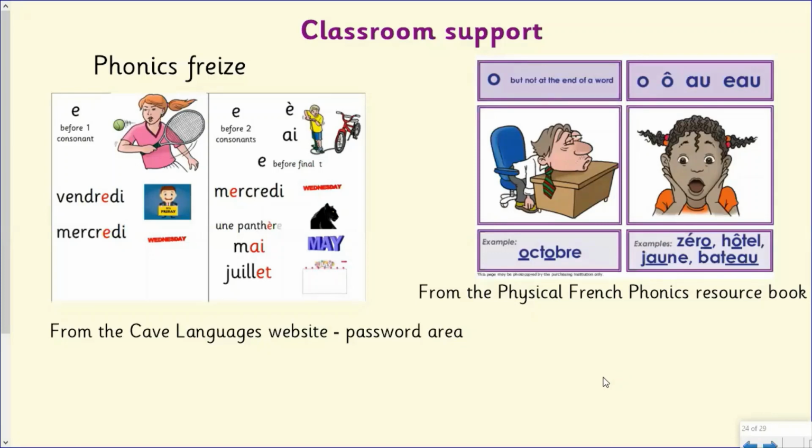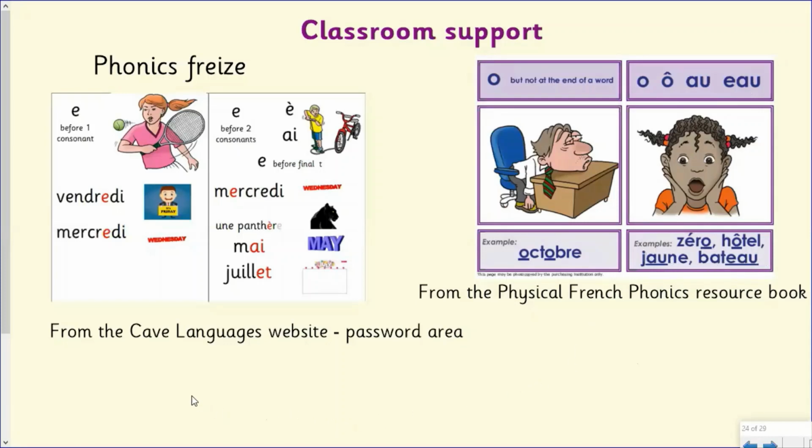It's always good to provide additional support in the classroom, and these are some of the things that you can do. This is something which you can download and print from the Physical French Phonics resource book, and it could be used as a frieze on the wall. It's got the image, it's got the graphemes that go with this image, and also some keywords.